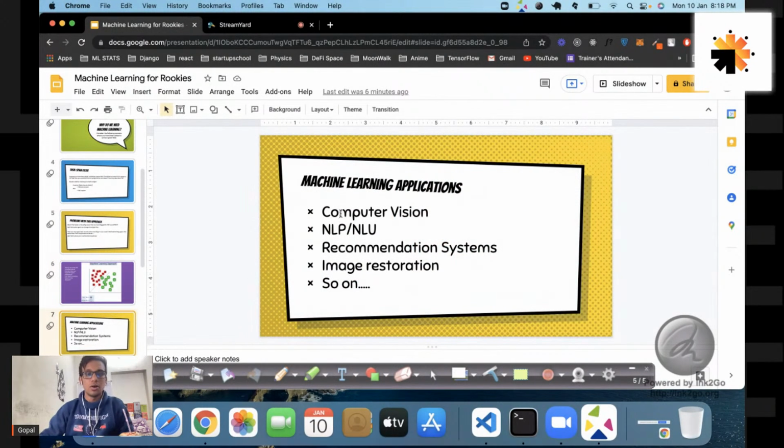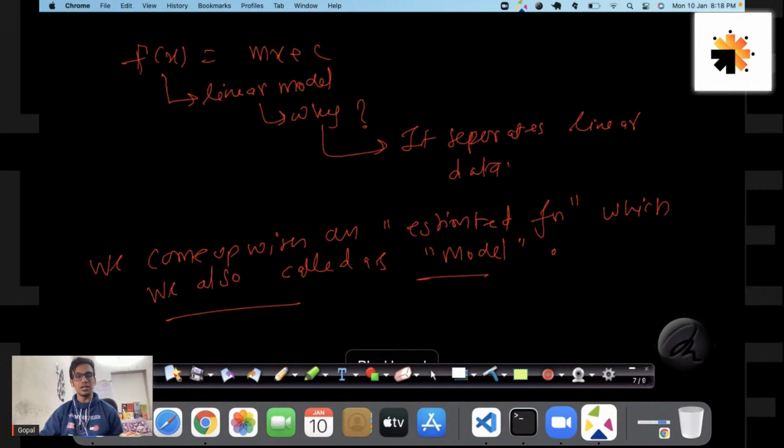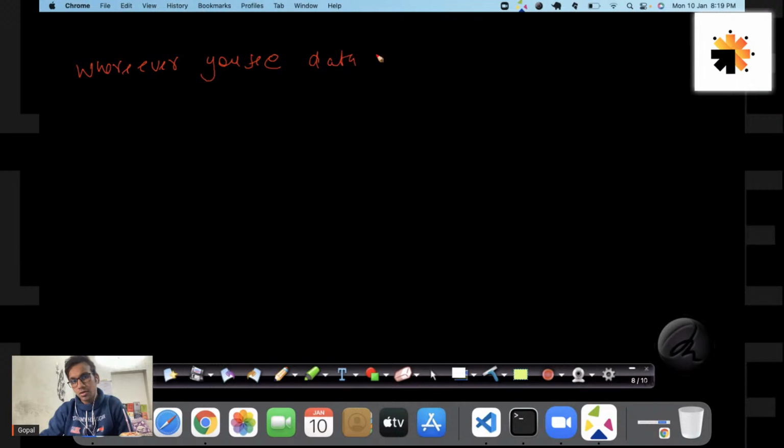Now, just to give you a hint of what machine learning applications can do: wherever you see data accumulation, in one way or another, we can definitely apply machine learning.